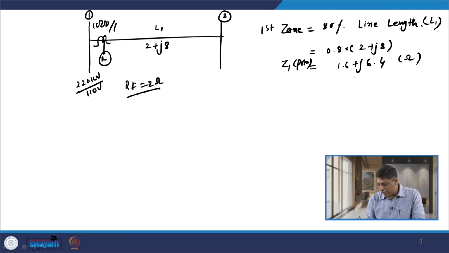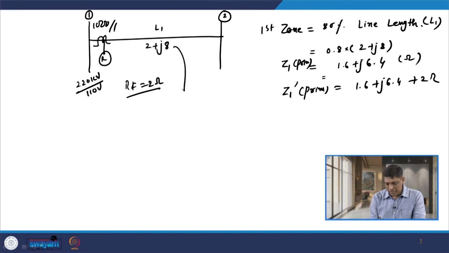Then what should I do? I need to find Z1 dash, which is the modified primary, equal to 1.6 plus J6.4 ohm plus 2 ohm.